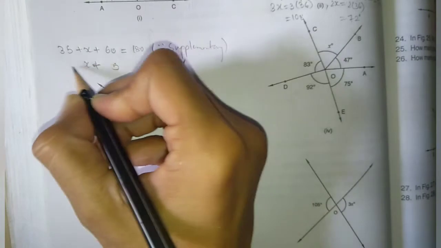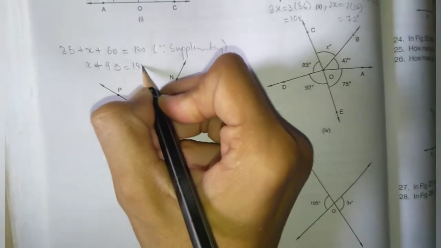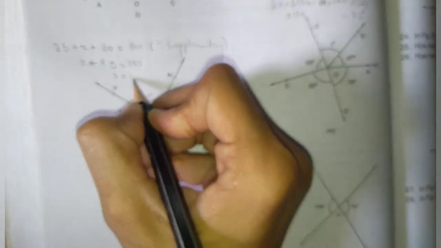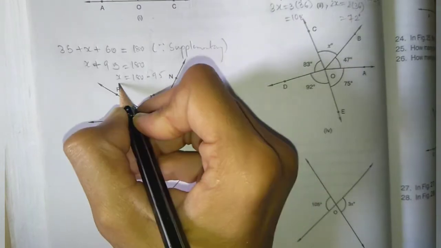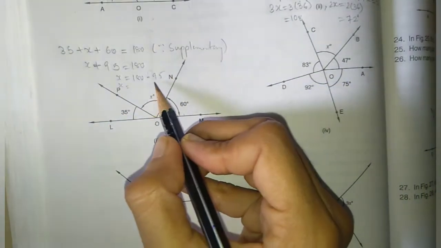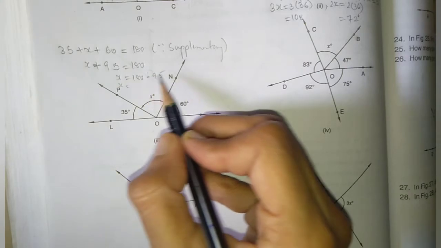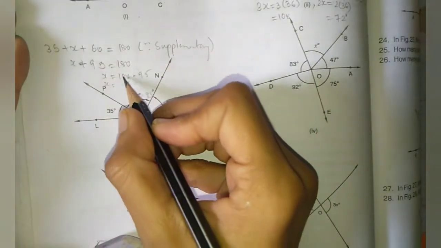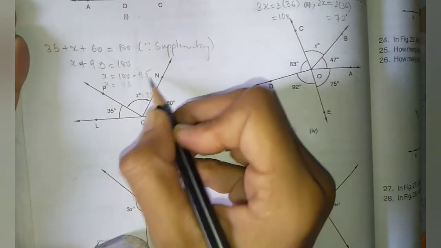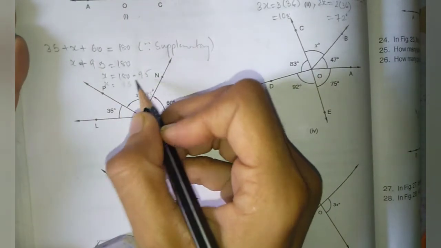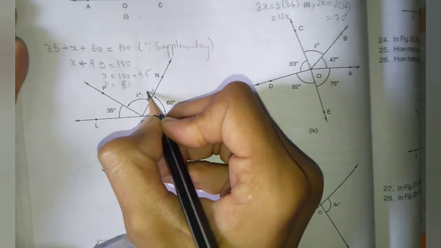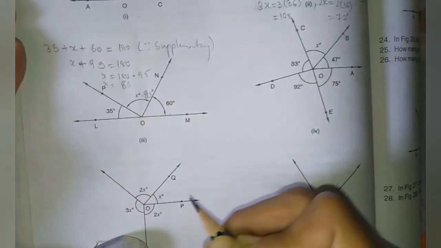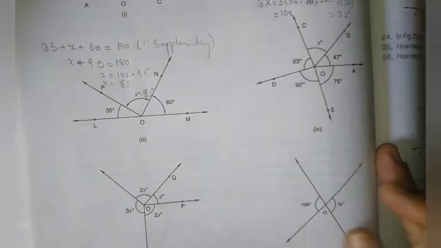Now 35 plus 60 is 95. So x equal to 180 minus 95, which is 10 minus 5 is 5, and 17 minus 9 is 8. So the answer is 85. So x equal to 85.